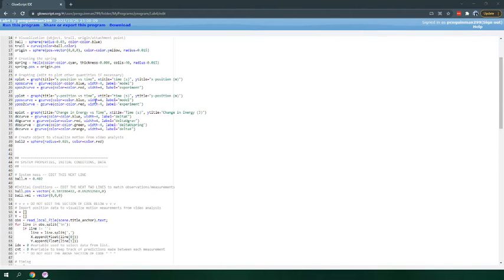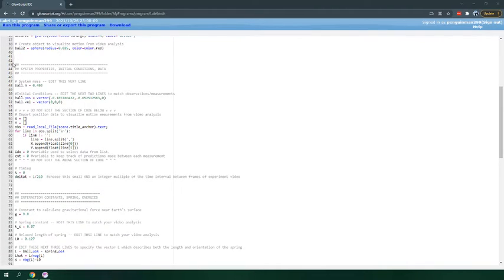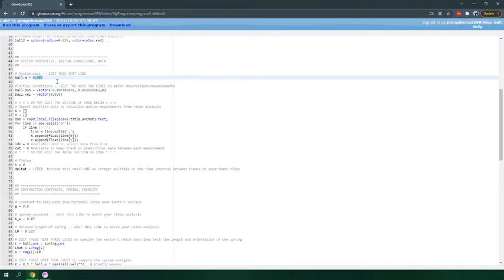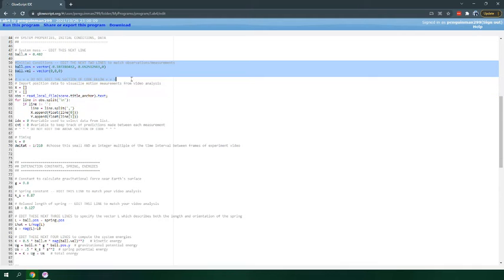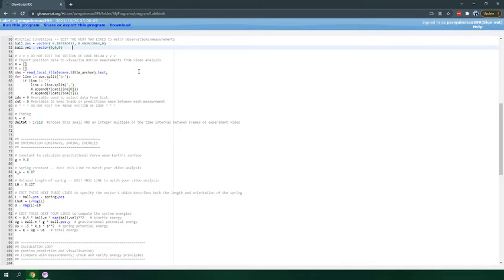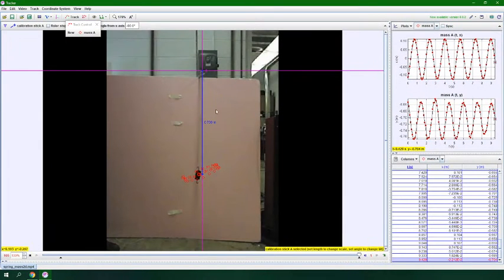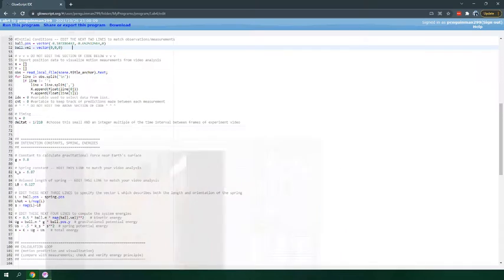And so if we go through the code, you'll see that we start off with the ball's mass of 0.4, and we have all these initial conditions that we set prior to the model running that are just based off of the values that are in this video.